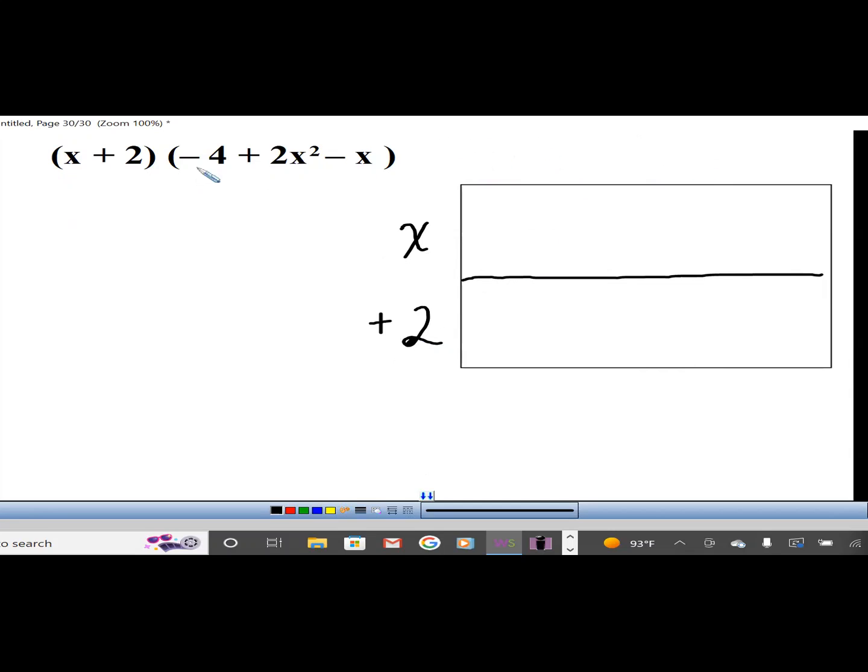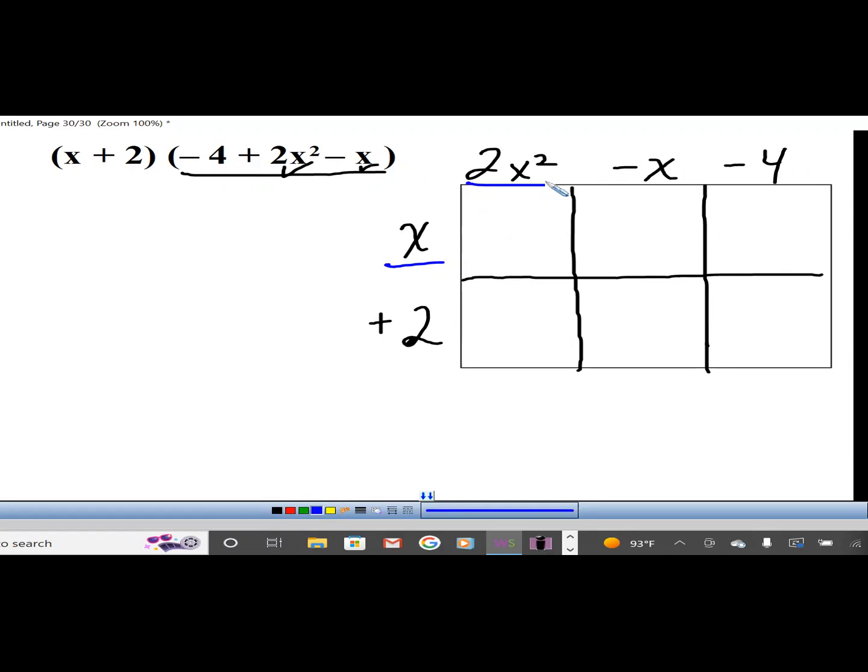In standard form, by the way. So what do I write first? 2x squared, line down. That is correct. Next, negative x, line down. That is correct. And negative 4. Yep.